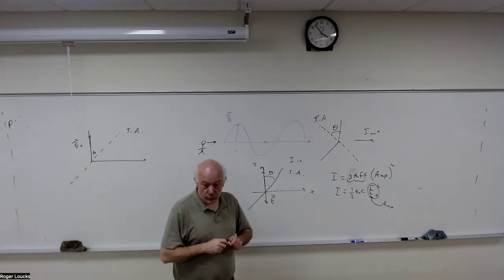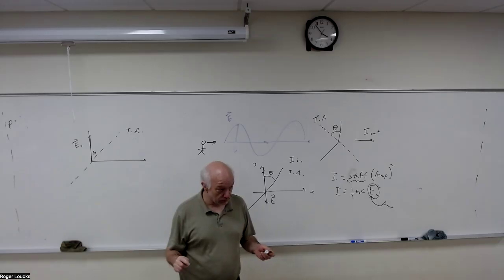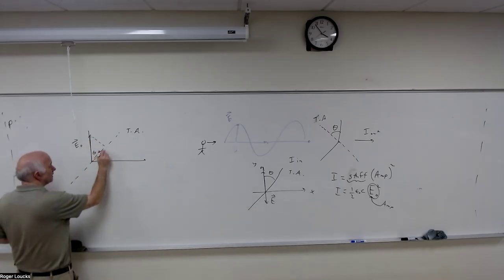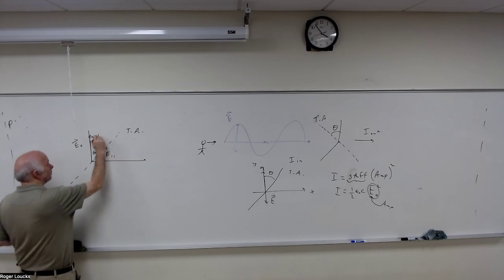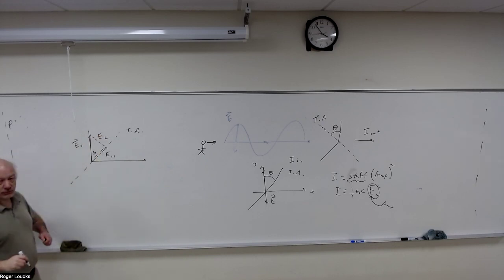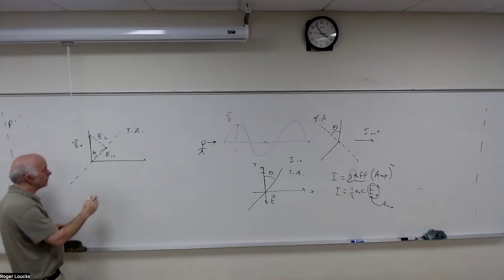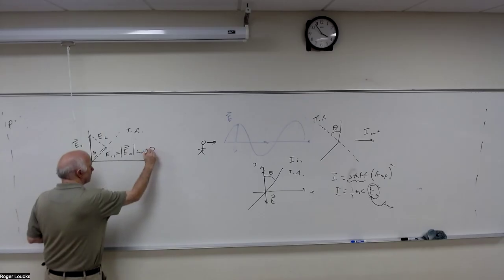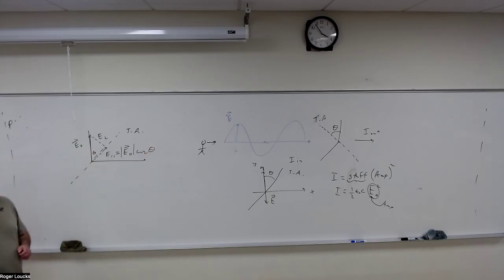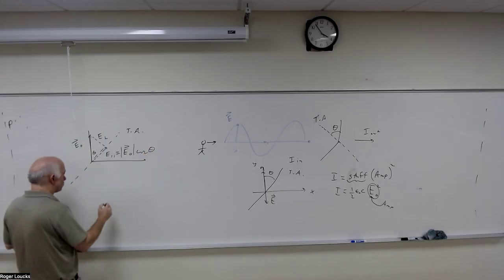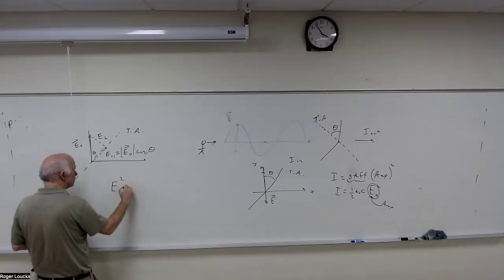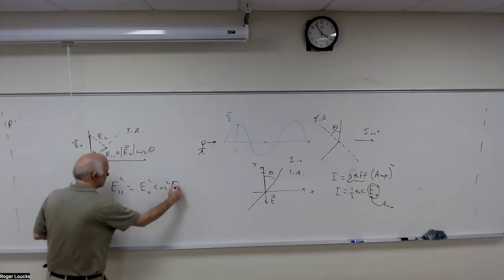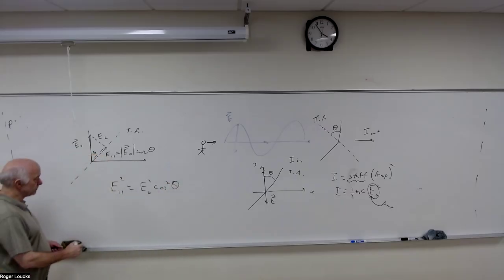Break it into perpendicular components. I drop my little perpendicular here. Here's my E parallel and here's my E perpendicular. Which component gets through? E parallel. And this has to be E naught cosine theta. I square both sides, and I multiply through by that stuff.